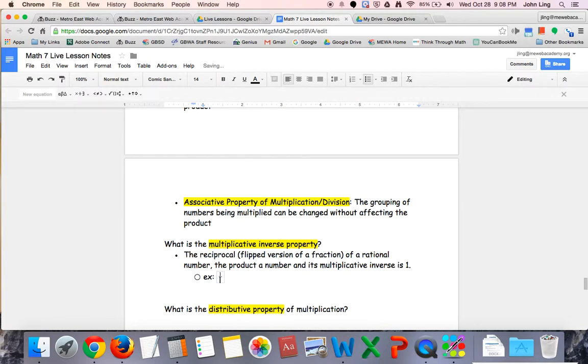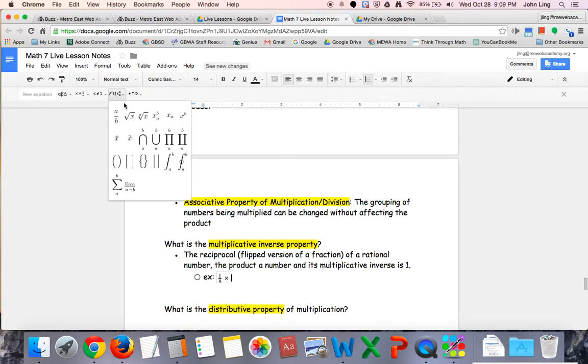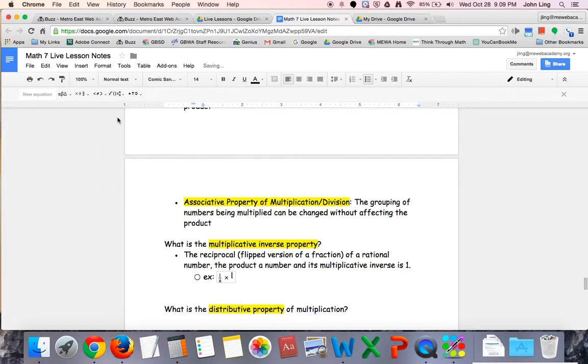Example: 1 over 8 times its reciprocal, okay? So the reciprocal would be 8 over 1, which is the same thing as 8. But we'll call it 8 over 1. 1 over 8 times 8 over 1 is equal to 1. That's what it's saying.